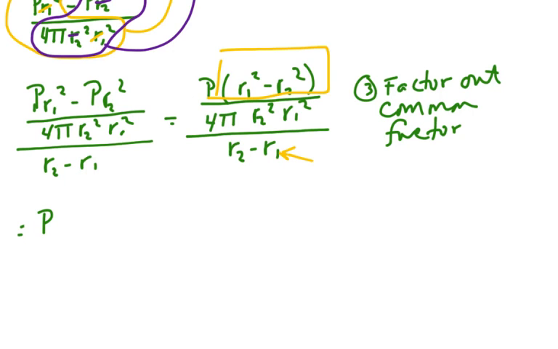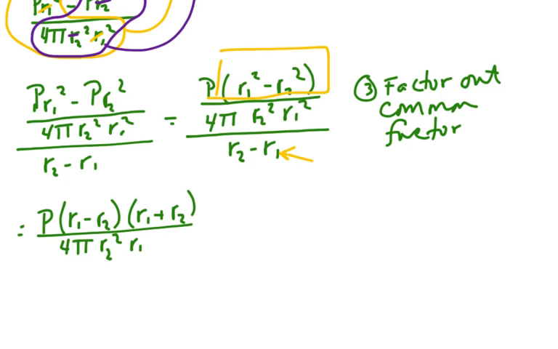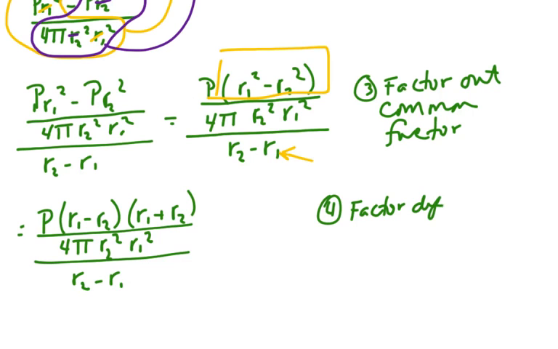It's the difference of two perfect squares, so hopefully you remember that this is going to factor into R1 minus R2 times R1 plus R2, all over 4 pi R2 squared R1 squared, divided by R2 minus R1. So that step, I factored the difference of perfect squares.